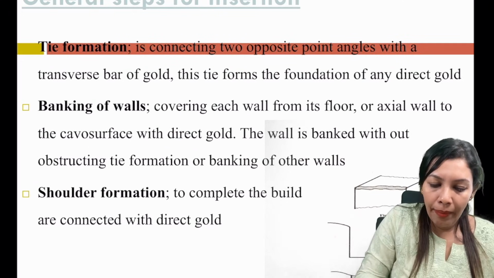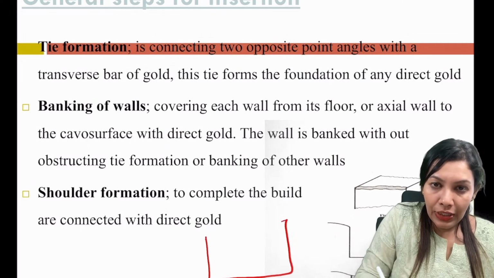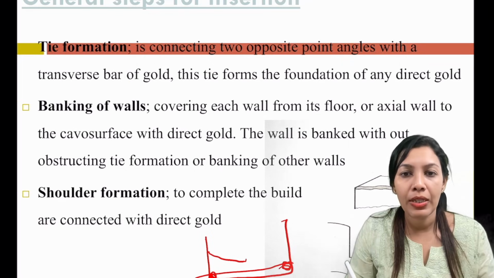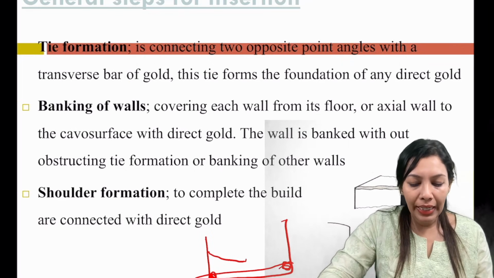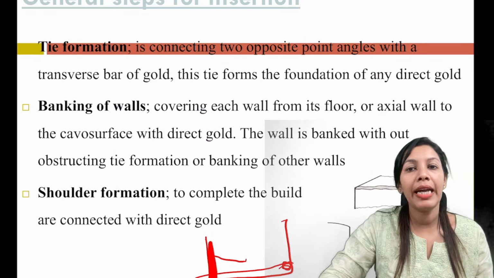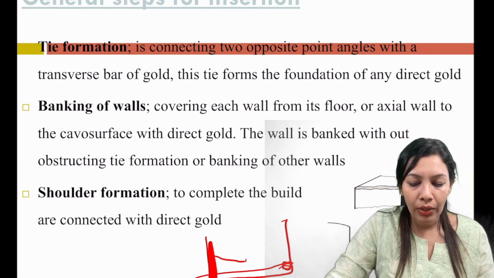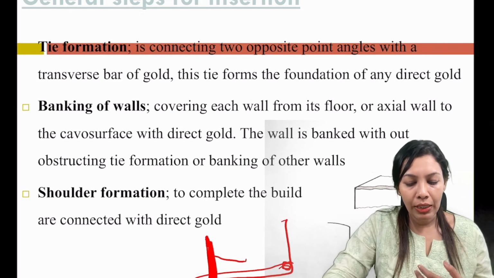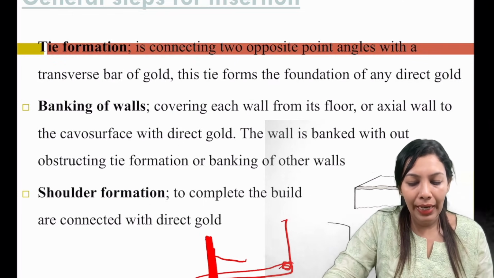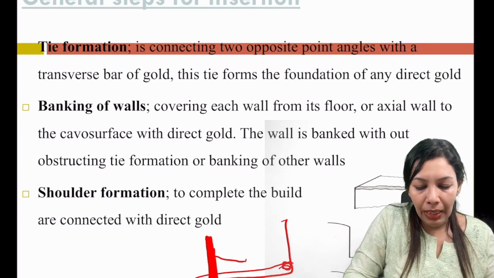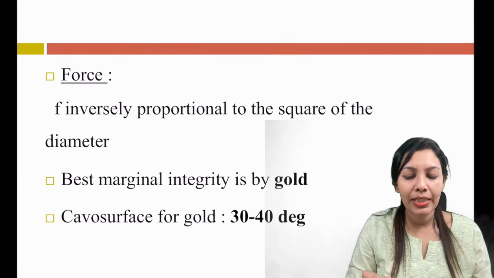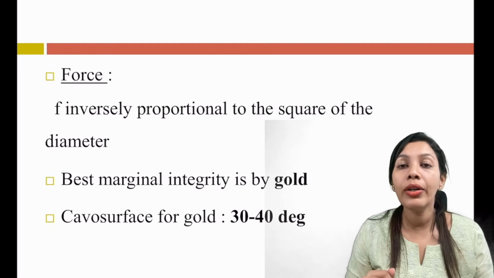Tie formation means the connection of the opposite point angle to the opposite point angle on another side. Banking means we will be covering each wall from its floor to the cavosurface angle. Next, shoulder formation is completing the connection between the two areas. So these are the general steps of gold placement.